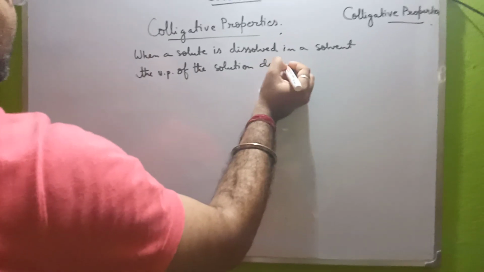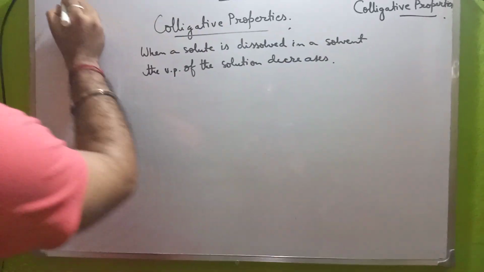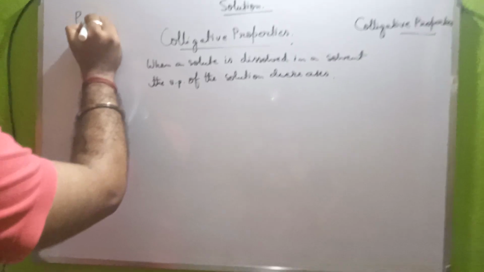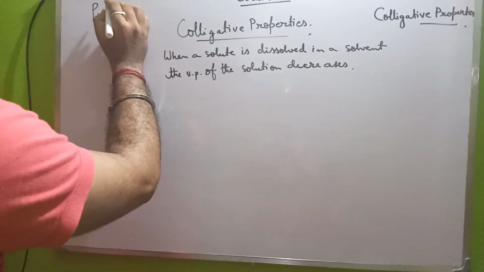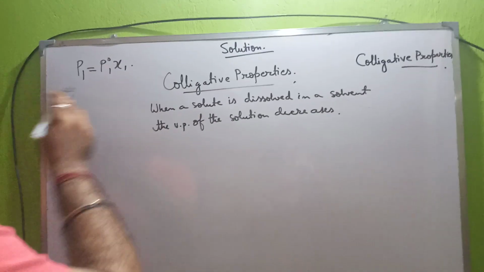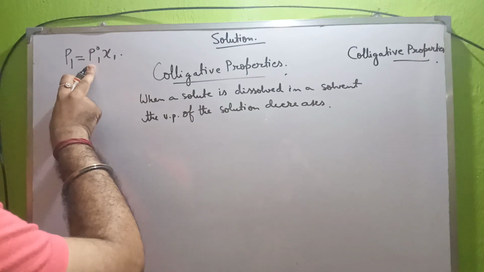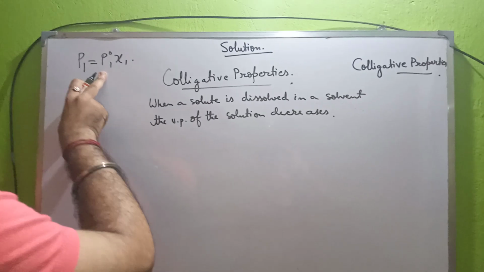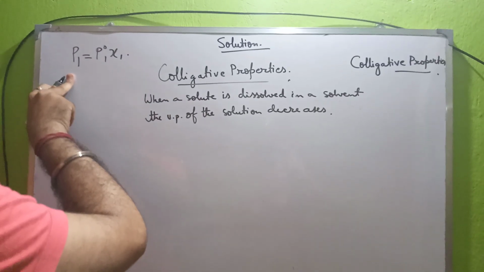This we all have seen, as I said, that P1 equals P01 x1. So always the vapor pressure of the pure solvent will be greater than that of the solution.